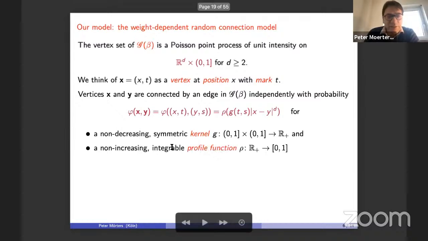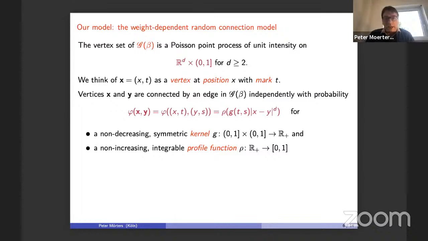We say it's non-decreasing because the rho, which is outside, is a decreasing or non-increasing integrable profile function, which gives as a result a value between 0 and 1, the probability of the connection. And because this is decreasing, large distances will lead to small connection probabilities, as it should be. I'll give you the examples for the kernels in a minute.